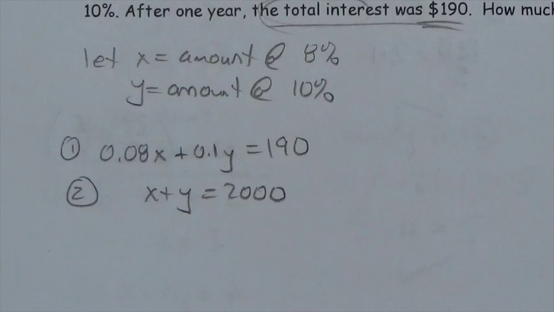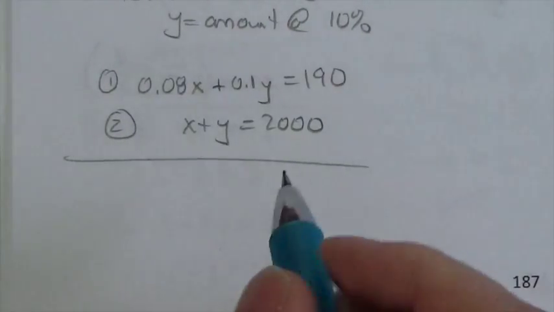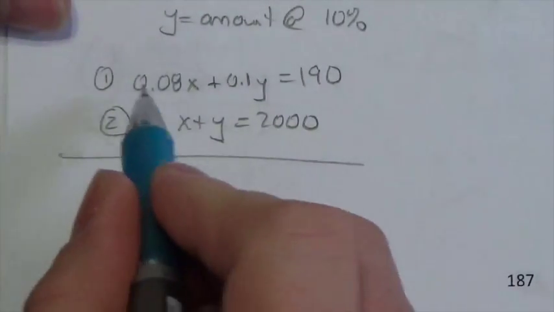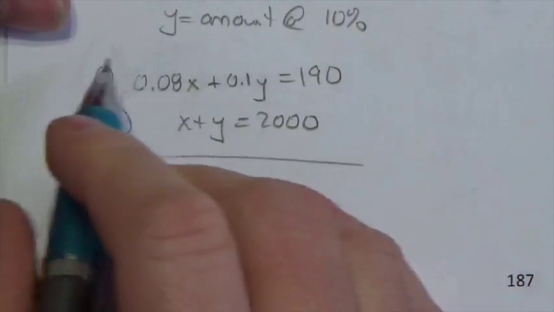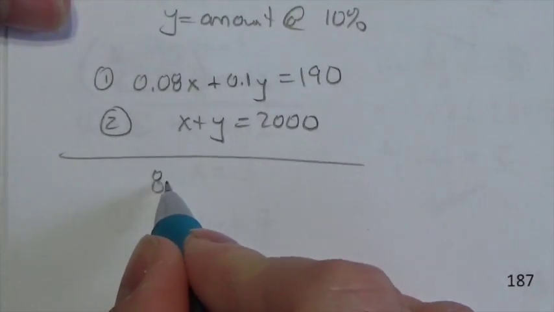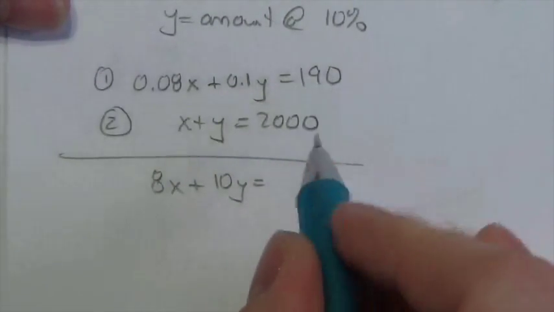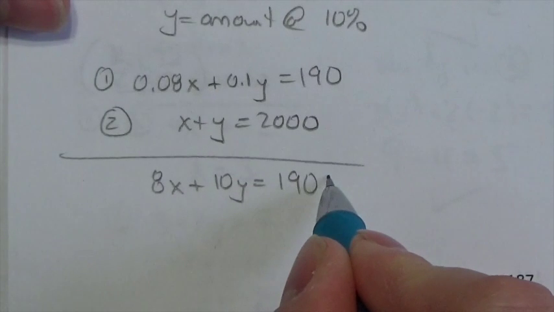It is my bet that most people are going to be happier if we do that. So let's just change this system here. All I'm going to do is move the decimal place over for every coefficient in equation 1. So that's going to make this 8x plus 10y. But I have to remember to do it to both sides of the equation. That's going to be 19000.